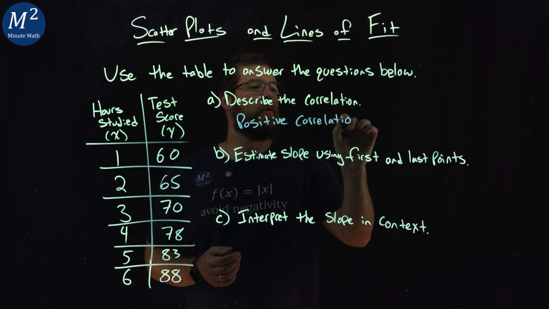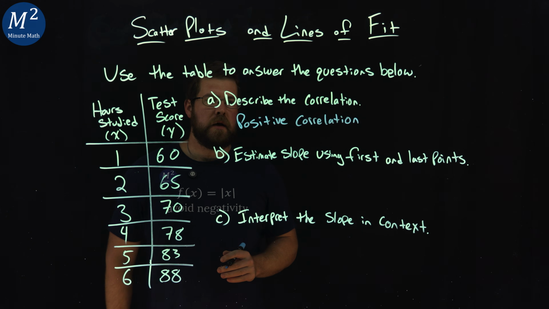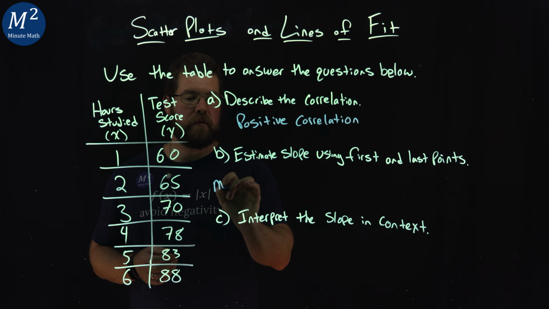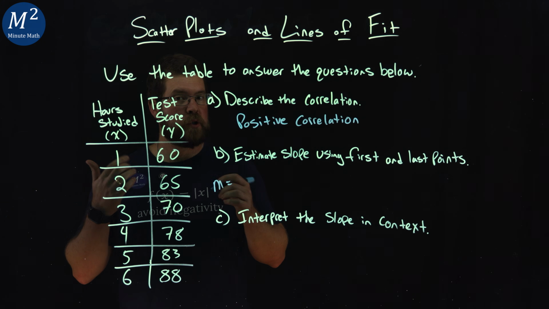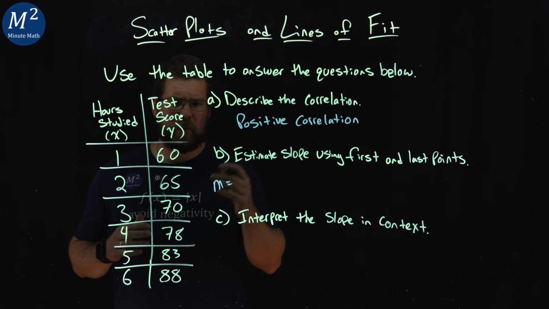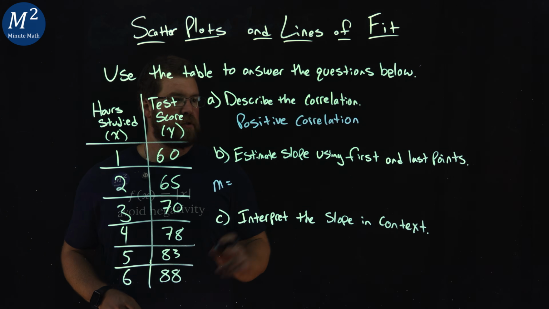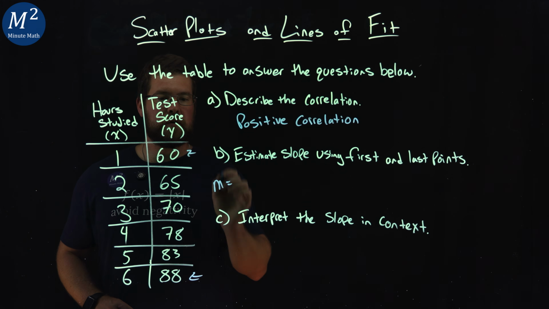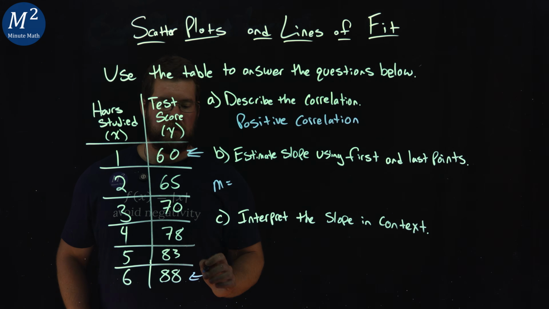A positive correlation. Now, estimate the slope using the first and last points. So remember, our slope is y2 minus y1 over x2 minus x1. So our first and last points, this would be the last one, and this is the first one right here. All right.